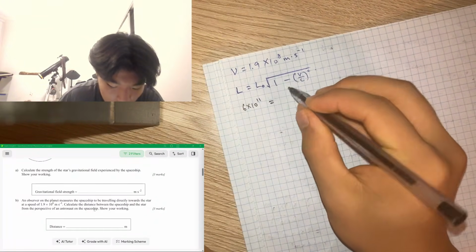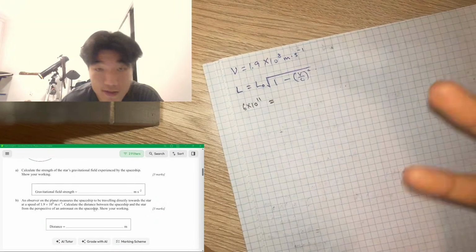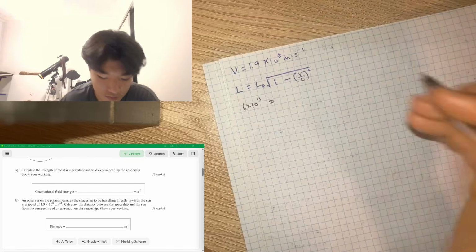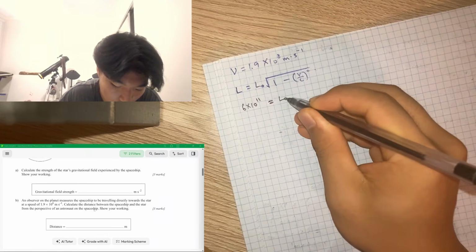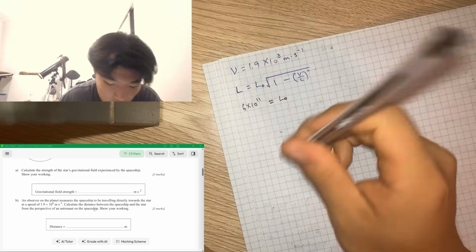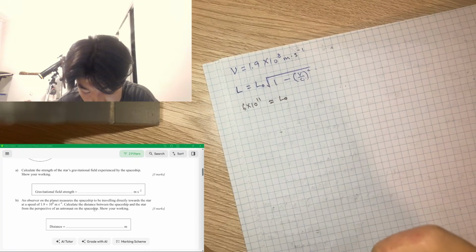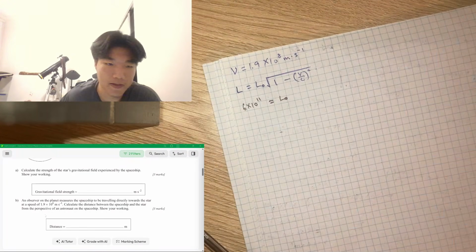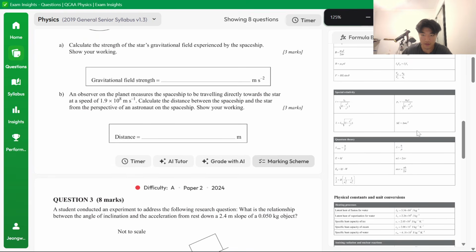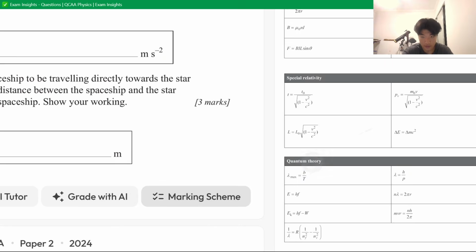But that was the dilated length, relative to the observer on the spaceship. This seems wrong. Yeah, okay. Let's check our formula sheet. It isn't wrong.